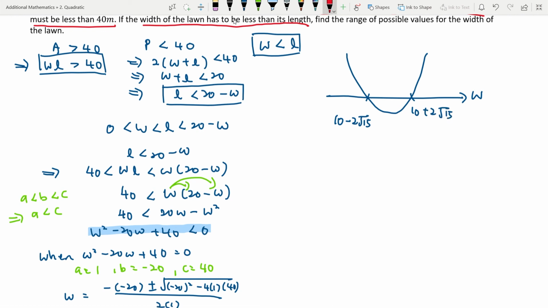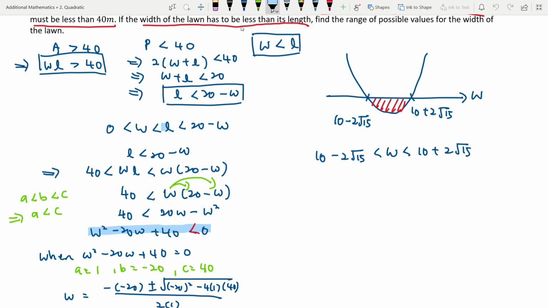We are looking for the area where the inequality is less than 0, which means the area below the axis. Therefore, W is in between 10 minus 2 square root 15 and also 10 plus 2 square root 15.